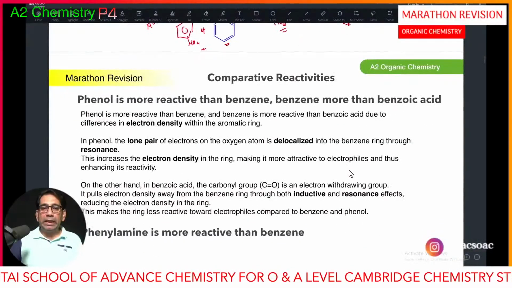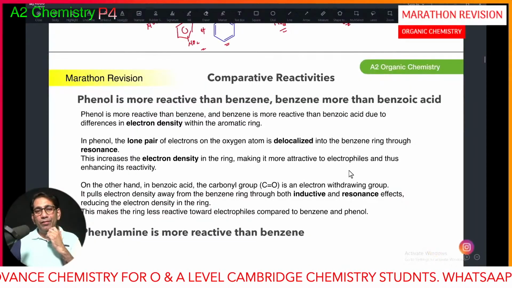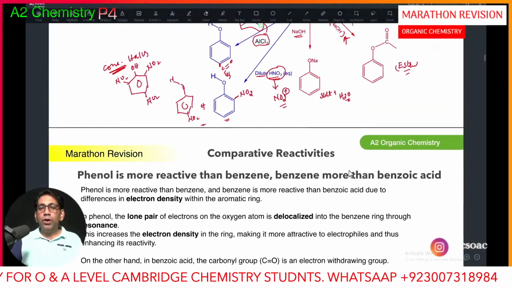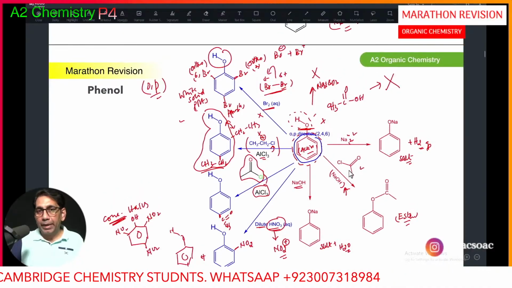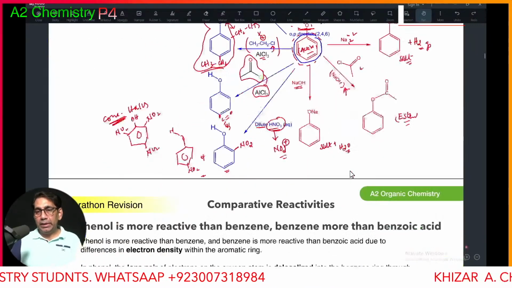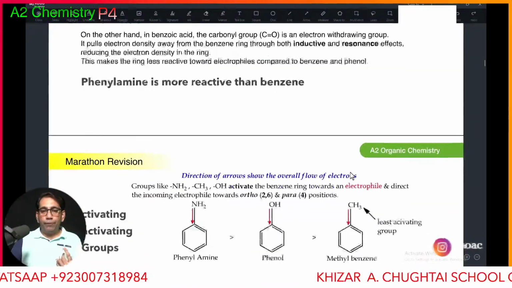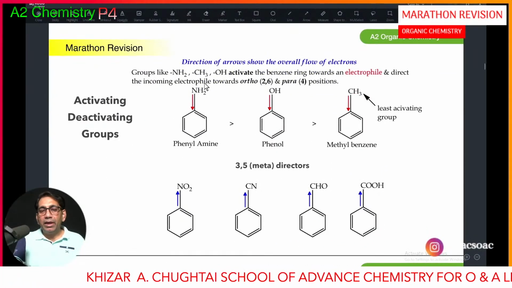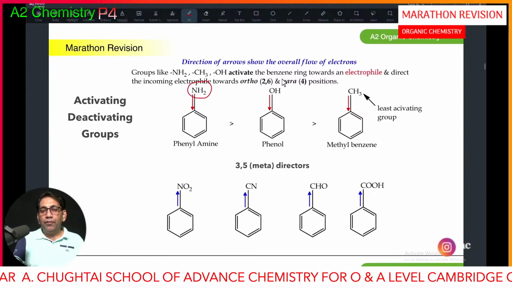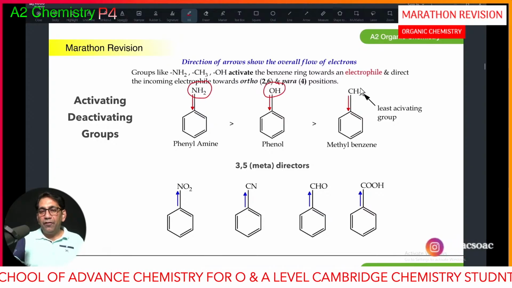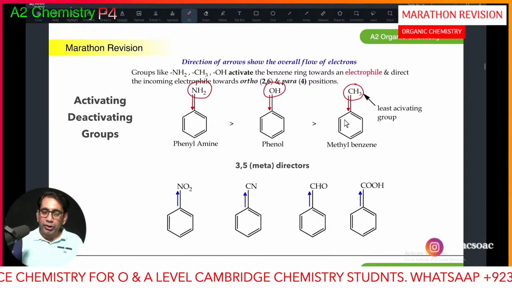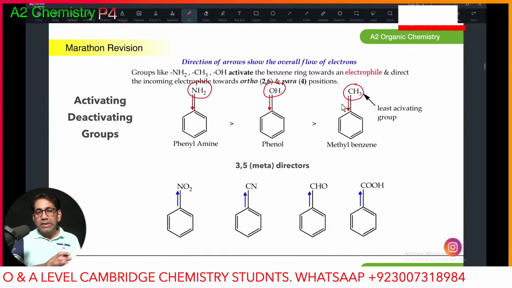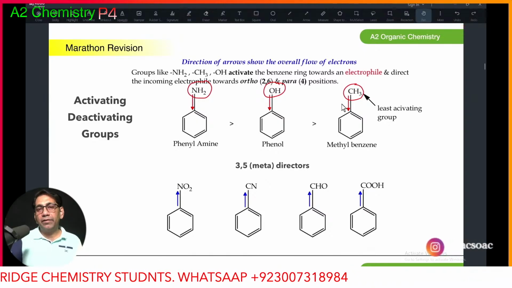Come toward the next one, that is the comparative reactivity. As I told you, phenol is a more reactive compound than benzene. And first of all, I want to show this page to you. Basically, if the benzene ring has an NH2 group, an OH group, or an alkyl group, especially CH3 group, these three groups are called activators.